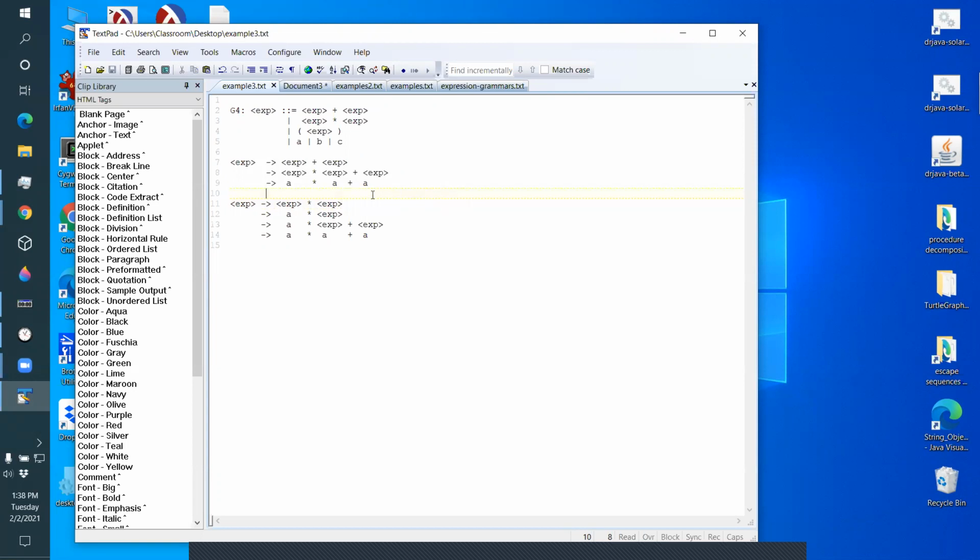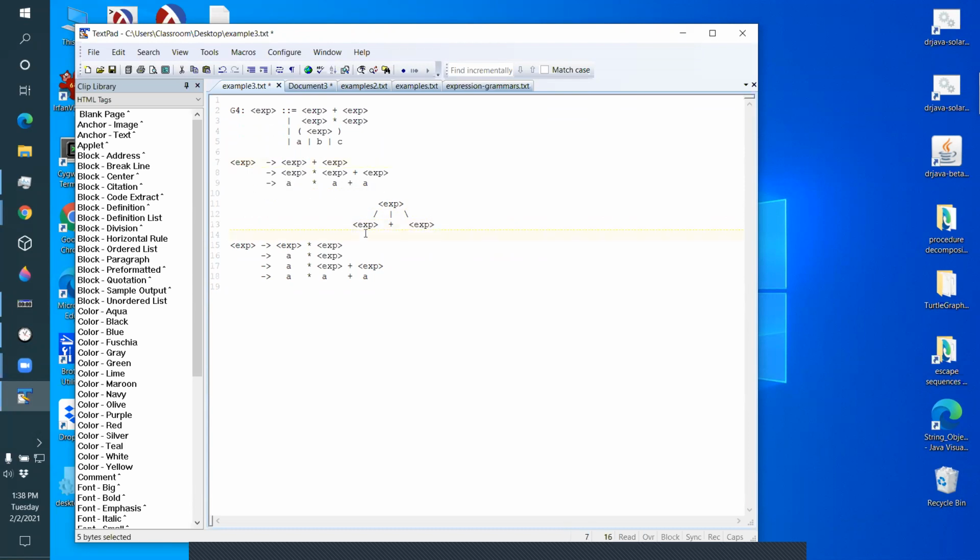Let's see. Well, let's draw the tree. Let's go ahead and draw the tree for this to see how it works. So we started with an exp, and it branched to 3 branches: left, center, right. The left was an EXP, the center is the plus, and the right's an EXP. What did this guy expand to?